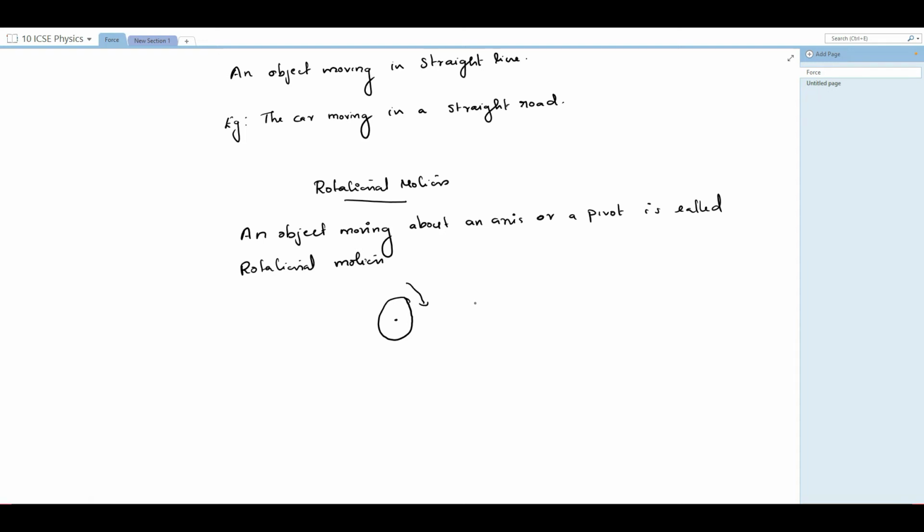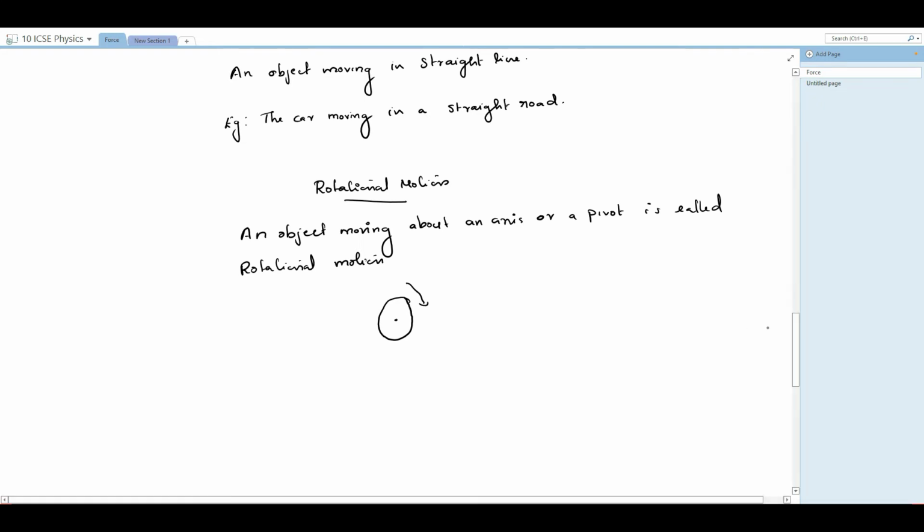So it is actually the combination of rotational and linear motion. When a car is moving, the wheel is rotating, and at the same time it is moving under linear motion. So here we are only discussing the rotational motion. I hope you understood. No doubts in this.